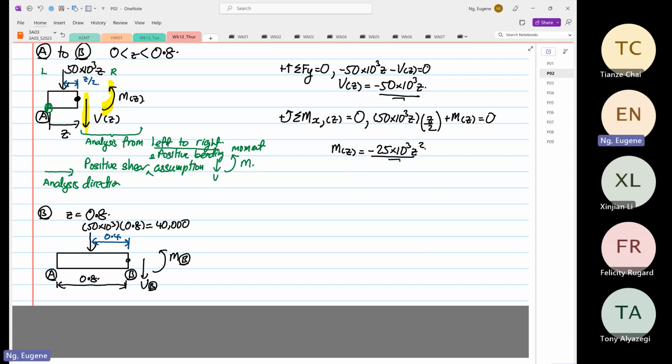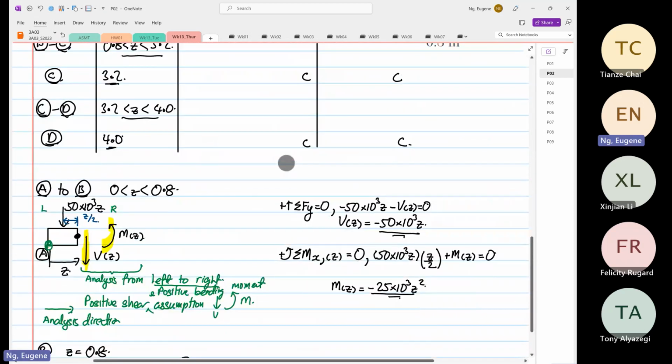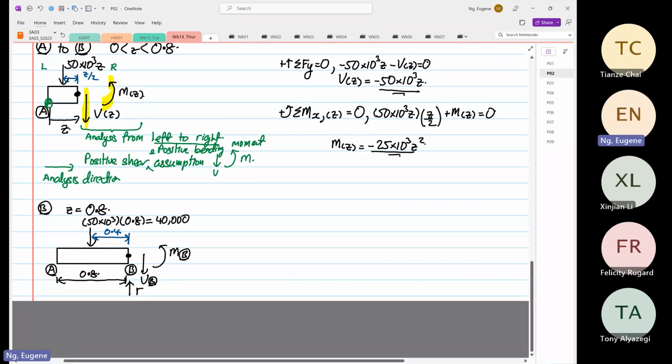We're going to take our moment from there. But at point B, we know that there's a load going up. This load that's going up, we calculated is 120 times 10 to the power 3. So we are going to do again static analysis.